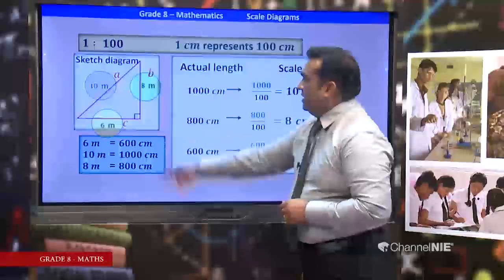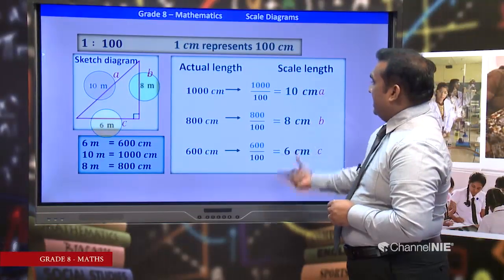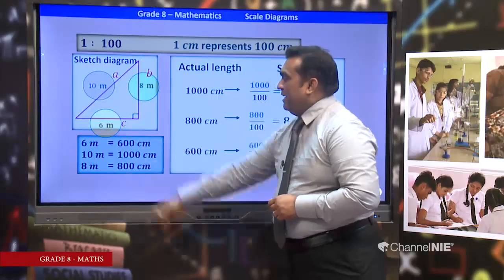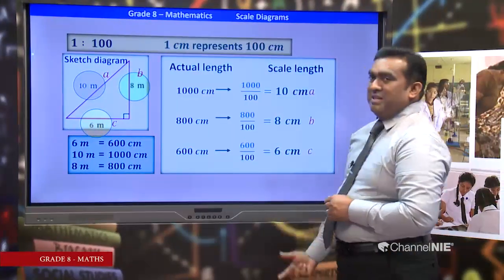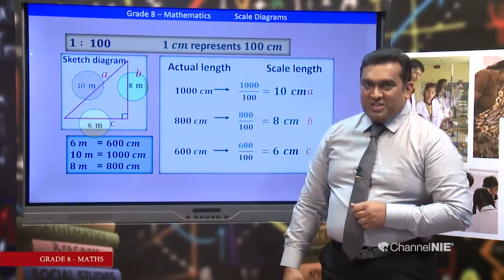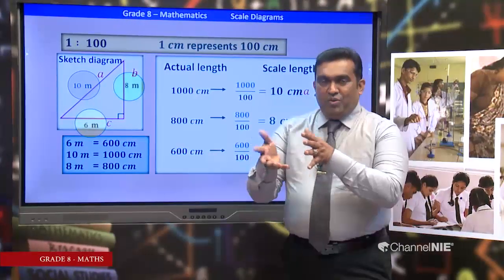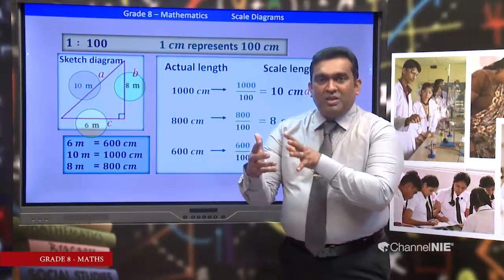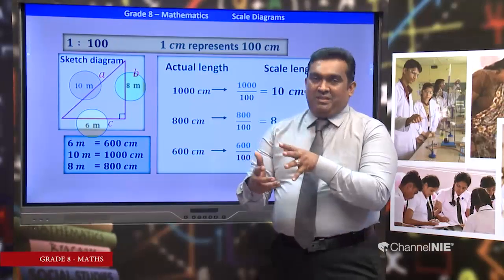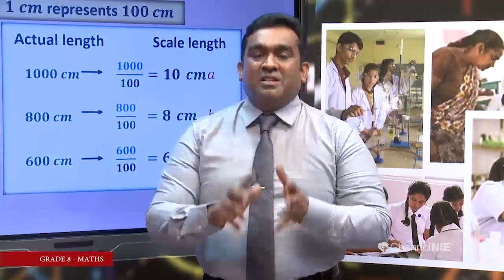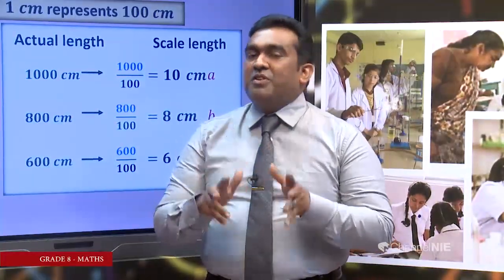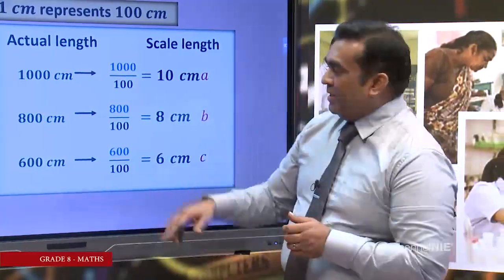Instead of 8 meter, you can use 8 centimeter. Instead of 6 meter, you can use 6 centimeter. Can you understand? Before drawing the scale diagram, you have to convert actual length into centimeters using the definition of the ratio.